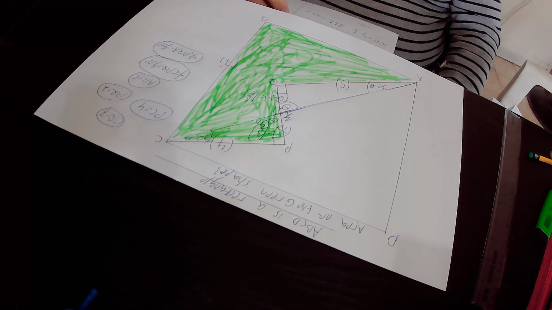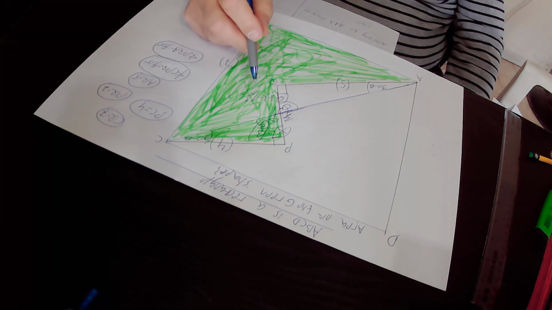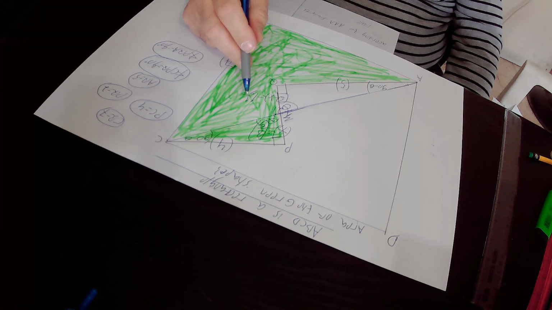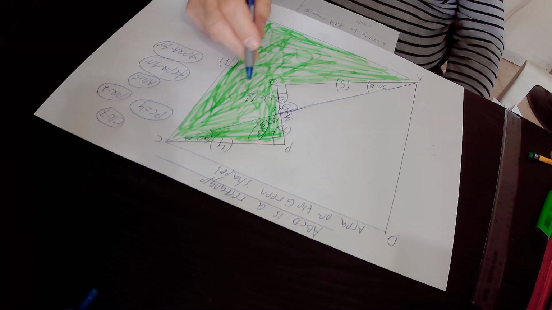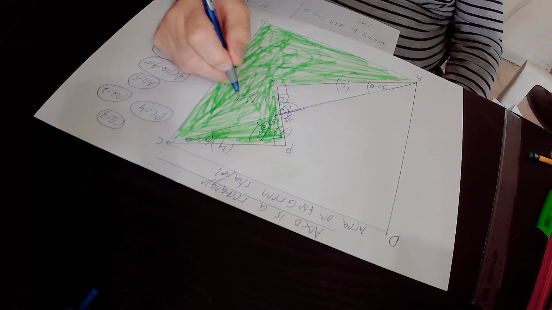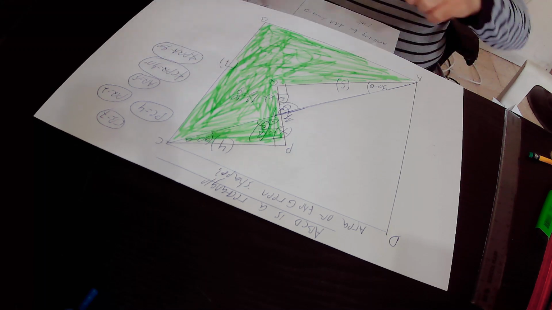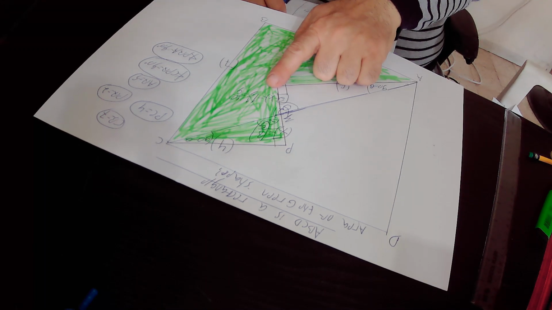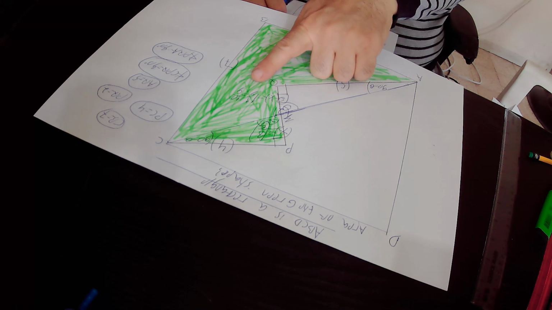So it is actually 9 over 9 plus 1/9, which is 10 over 9. Again, 1 and 1/9 is 10 over 9.